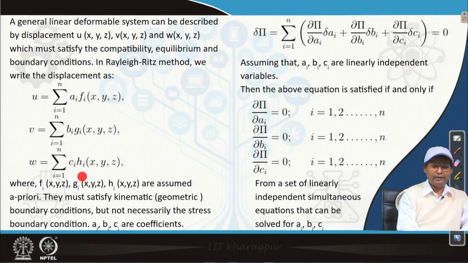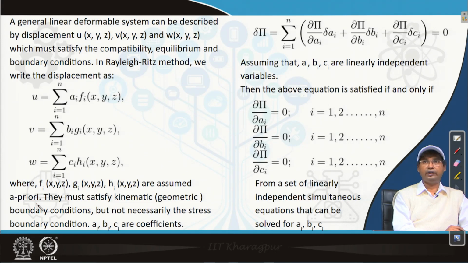We also define an equation where we have one more coefficient c i and a function h i, which is also a function of x, y, z, where f i, g i and h i, functions of x, y, z, are assumed a priori. This plays a very important role. We need to have an idea what type of function we should assume for f, g and h. It depends on the problem. This is the key of the approximate method.